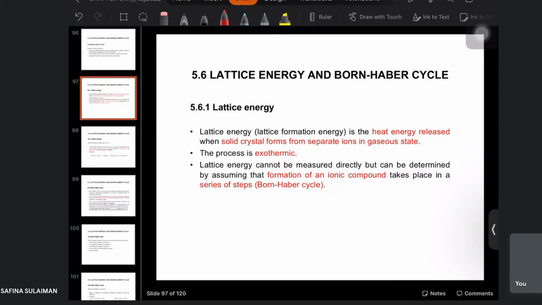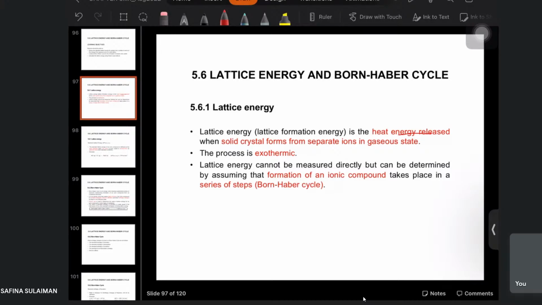Macam itulah dia terbalik. That one is energy release, that one is energy absorb. Tapi konsep dia sama. Sama ada daripada solid crystal ionic tu dia jadi ion gas, ataupun daripada ion gas dia convert to the solid crystal form.